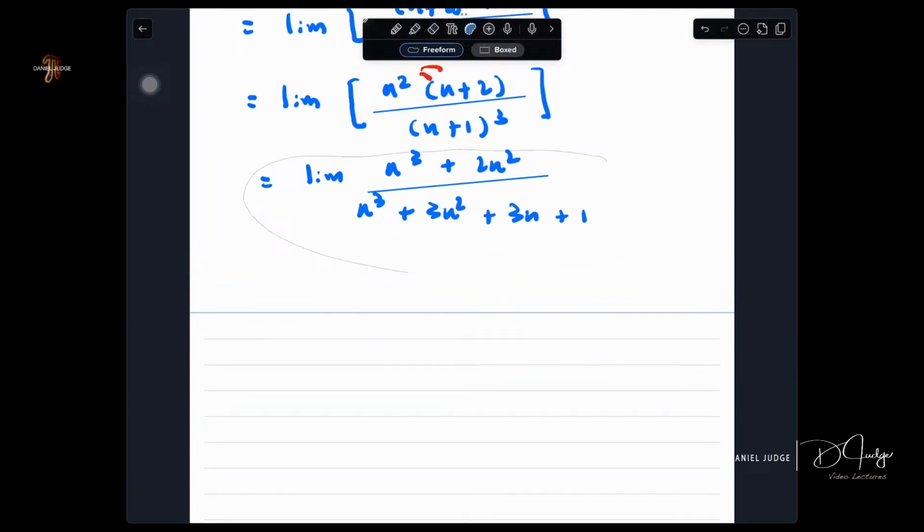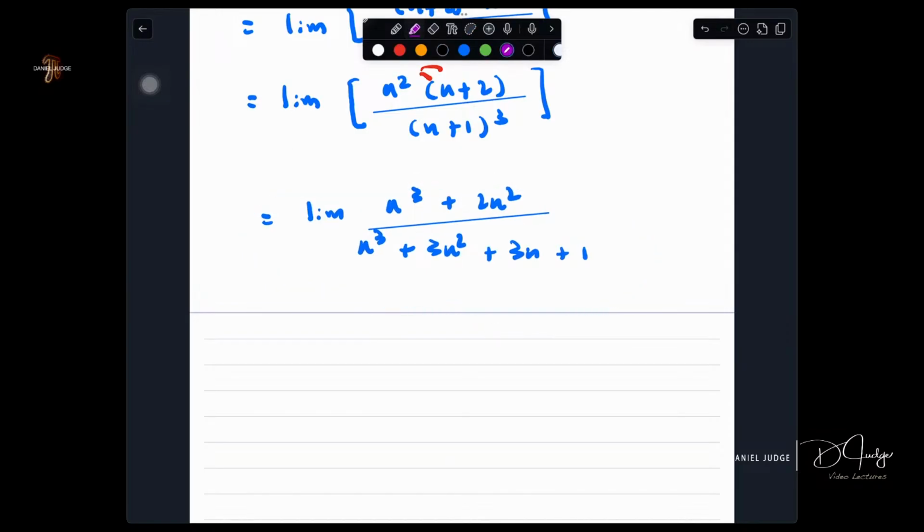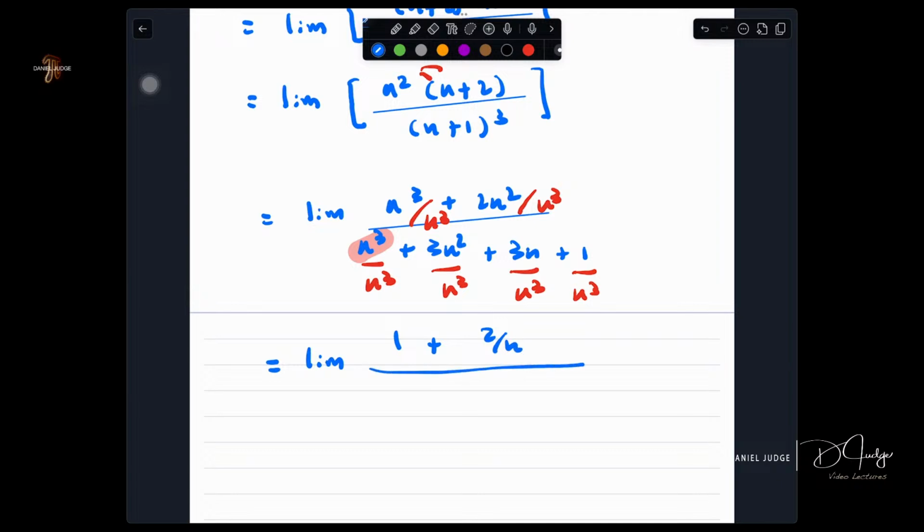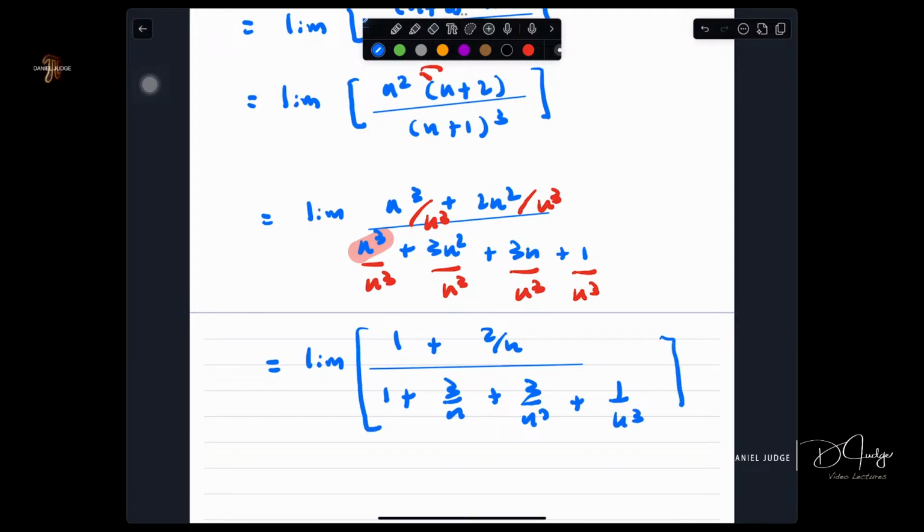We need the limit here. Use Calculus 1. Divide every term by the variable with the highest power in the denominator, which you end up getting is the limit now of (1 plus 2 over n) over (1 plus 3 over n plus 3 over n squared plus 1 over n cubed).